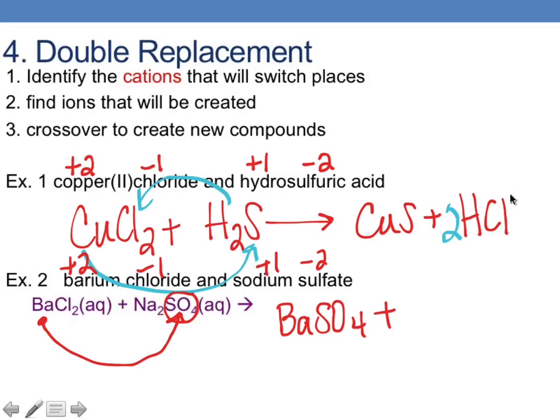And now sodium hooks up with chlorine to give me sodium chloride. And then you go back and balance it. Everybody good? All right, I'm just going to do one more.